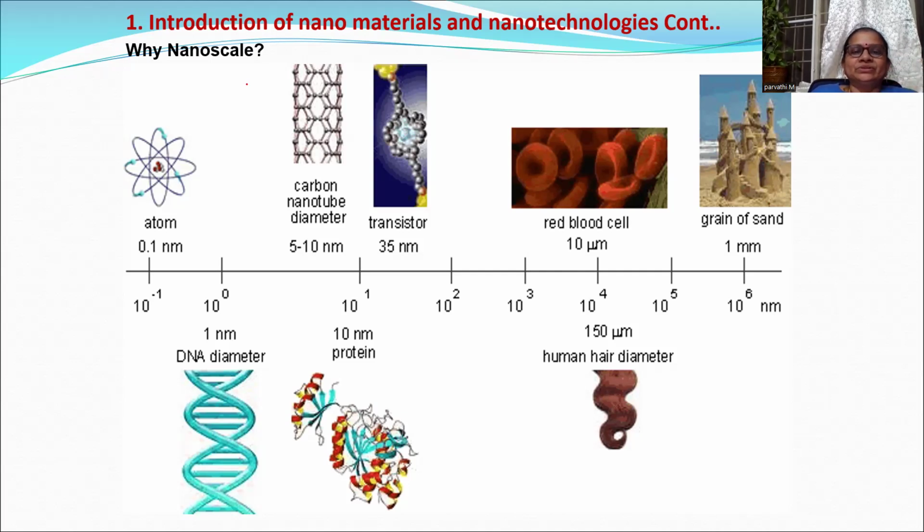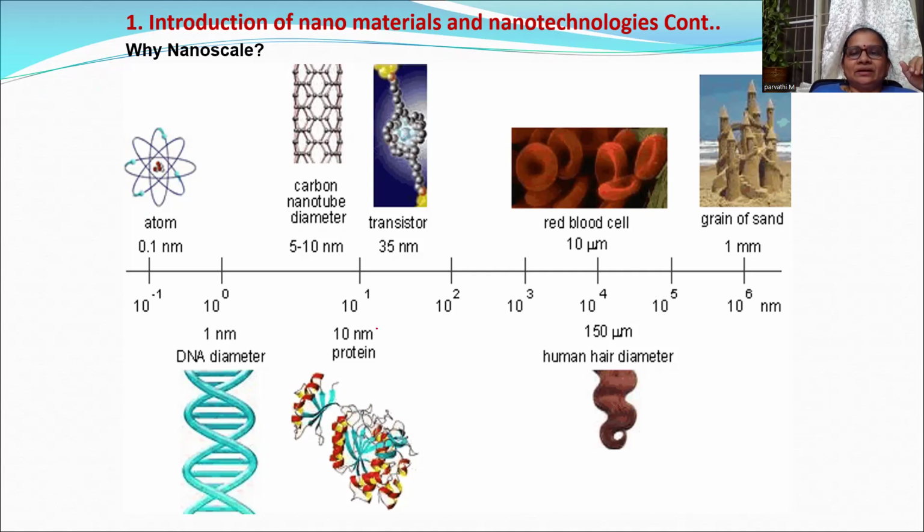Similarly, carbon nanotube diameters are 5 to 10 nanometer. It is one kind of polymer and has many applications. Nowadays, people are using it in the preparation of batteries and semiconductor materials as an alternative to transistors, where size reduction is important, right? Similarly, the atom, the very least sized, is 0.1 nanometer.